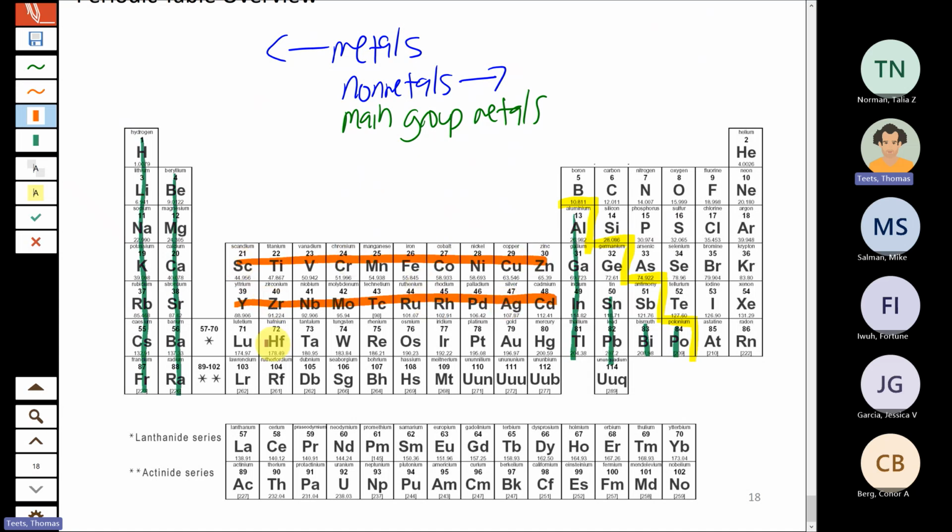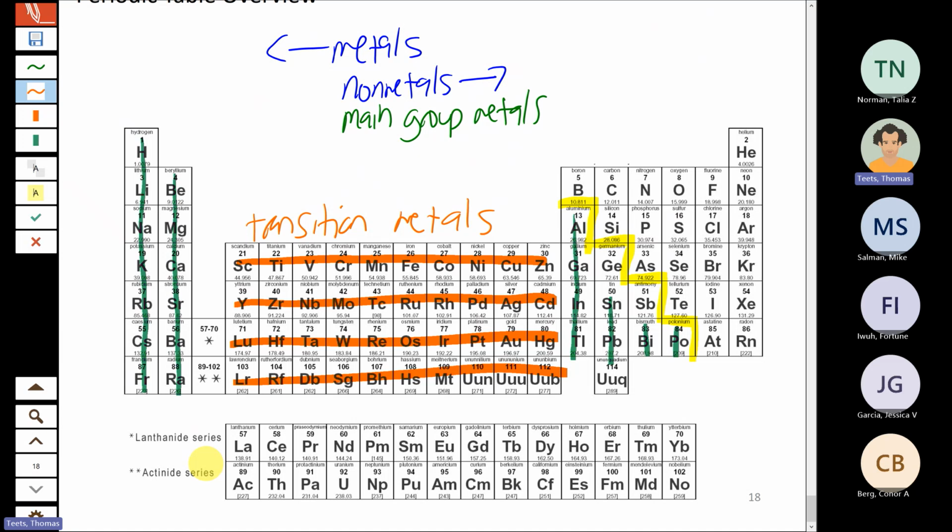I'm going to do those in orange in this diagram. Anything that's in the 3d block of the periodic table is called a transition metal. And as they're labeled down here, we have the lanthanide and actinide series, so we don't need to worry about those too much. And finally, everything on the right is a nonmetal.